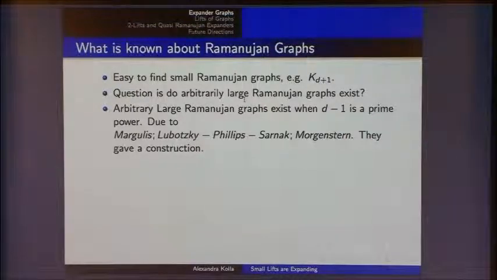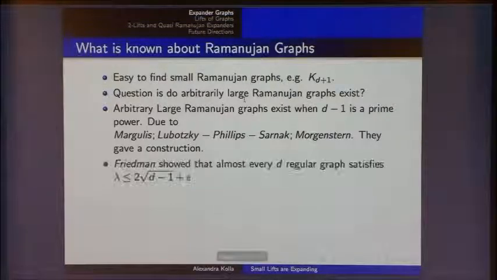So this was in the 80s, and in fact this group of constructions is the only construction of Ramanujan graphs known to this day. So we don't know how to construct such graphs for any degree such that d minus 1 is not a prime.